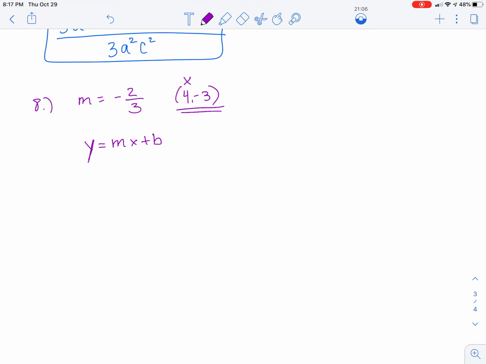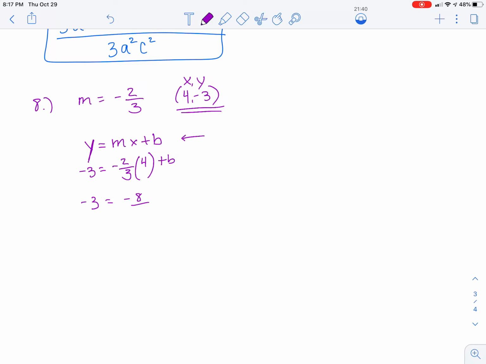We're going to take these points and use those as an x and y value in our equation, and we're going to substitute those in, because what we need to find is b. I don't have the y-intercept given in this problem, and in order to write that equation, I have to have b. So let's go ahead and put in, I know the slope is negative 2/3. Y is going to be negative 3. We're going to substitute these in, and x is 4 plus b.